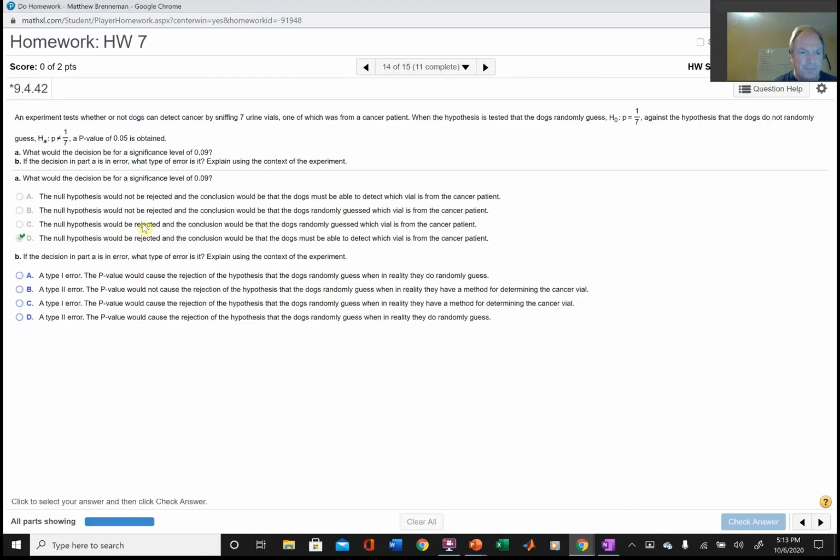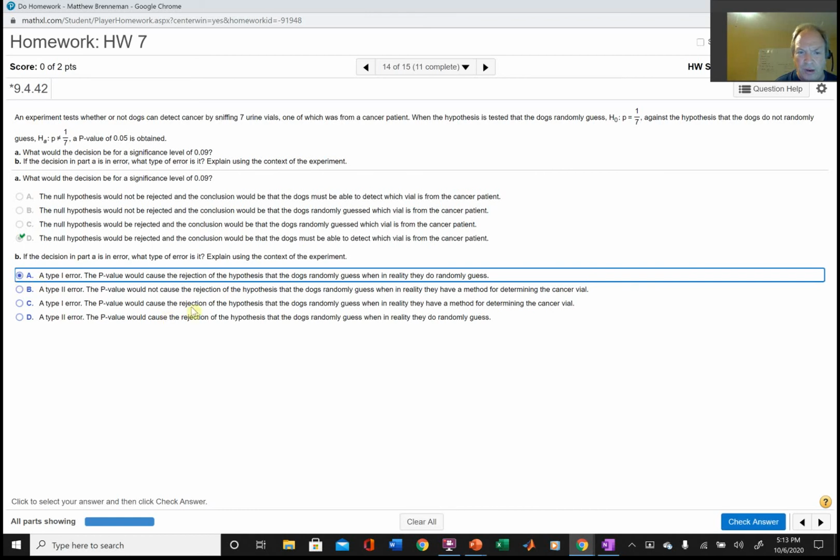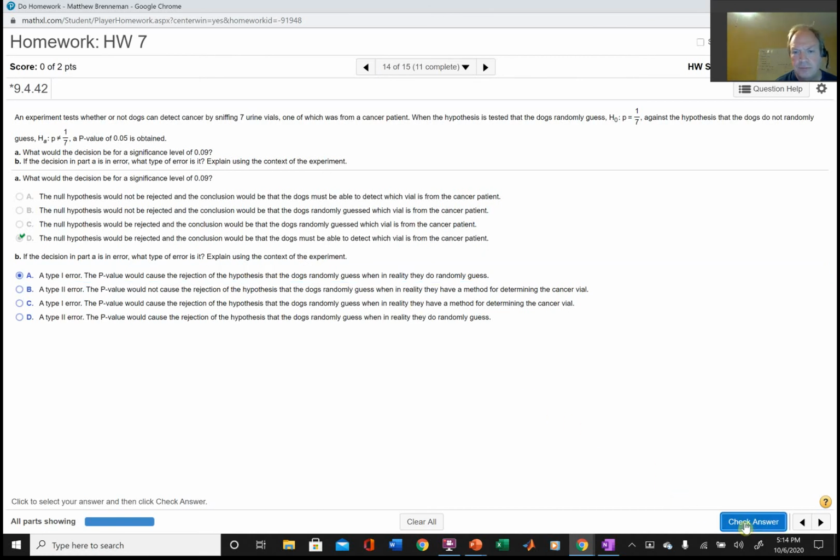So the p-value would cause rejected hypothesis, and the reality is that they actually do guess randomly. So we reject the null, but we shouldn't have.